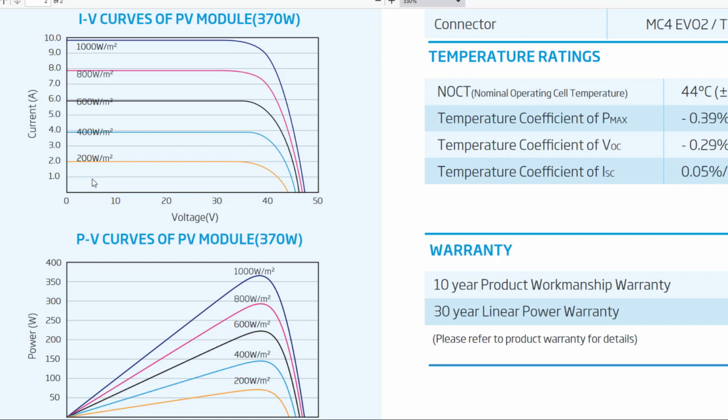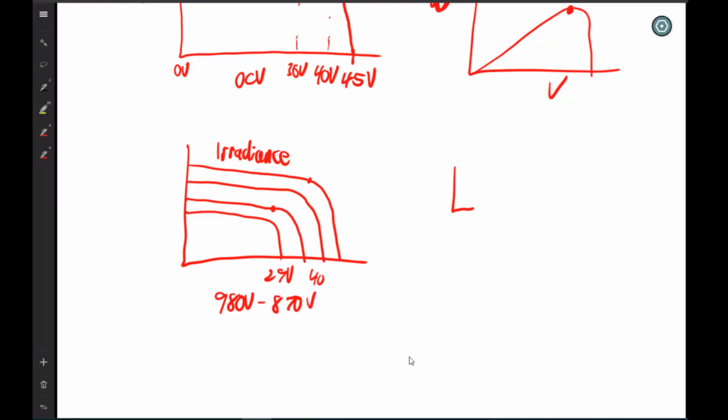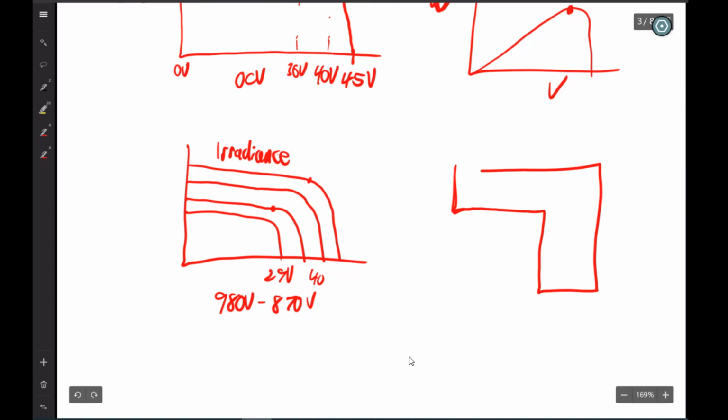So why is this important? Let's say you have a house shaped like an L, and you have a ridge down the middle, and you've got 10 modules over here and 8 modules over here, something like that.